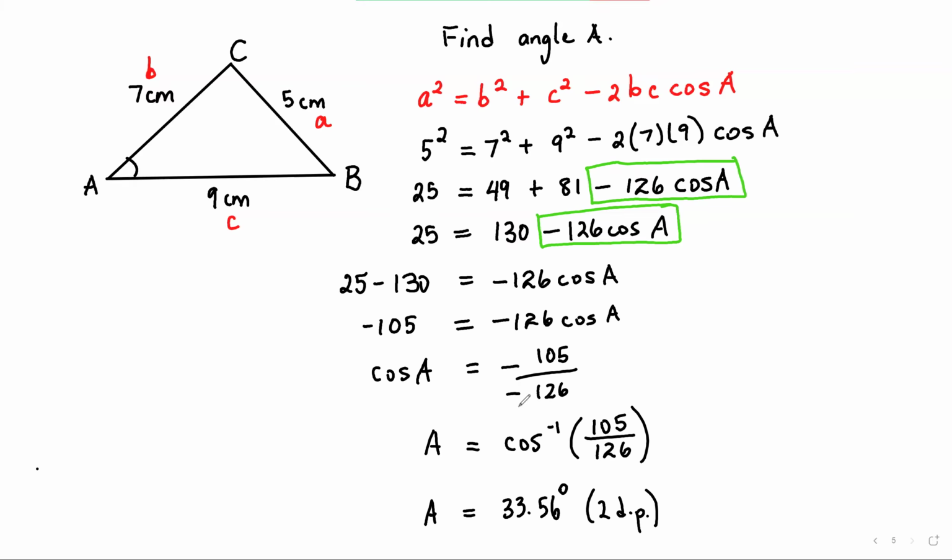A negative by a negative is a positive. So A is equal to cos inverse of 105 over 126. And then you just type that in directly on your calculator and you will get your answer.